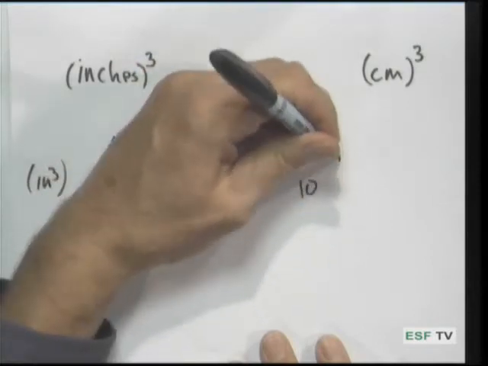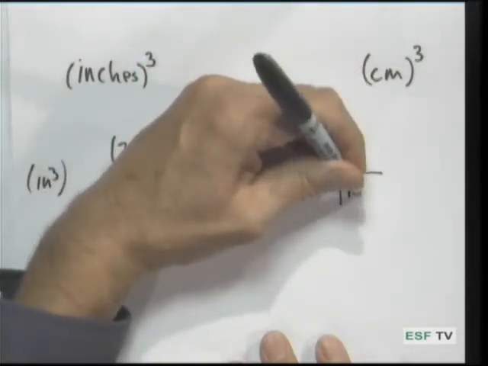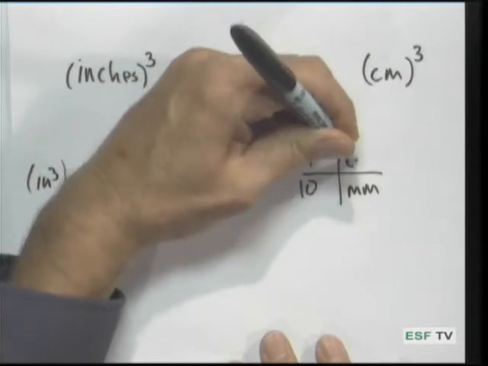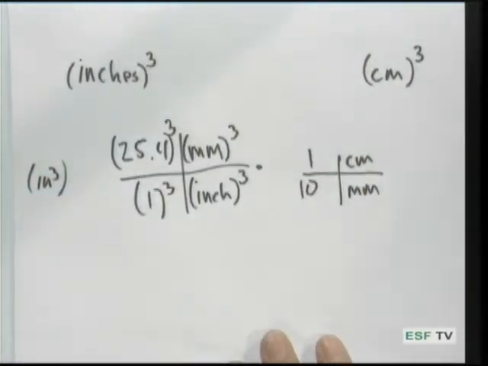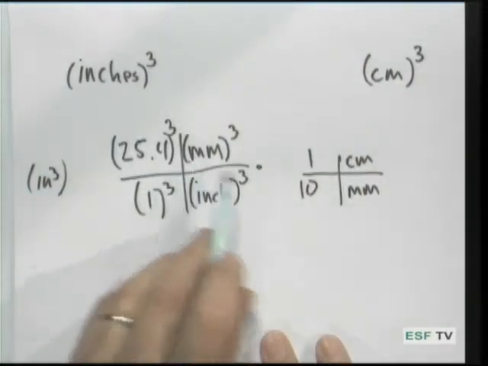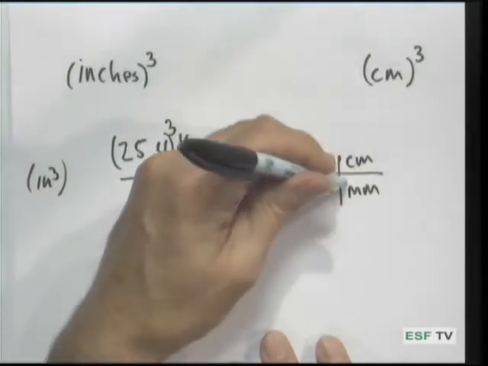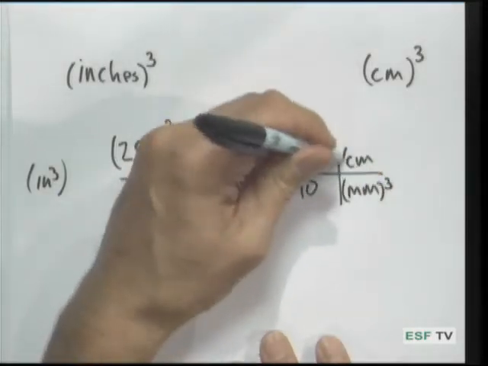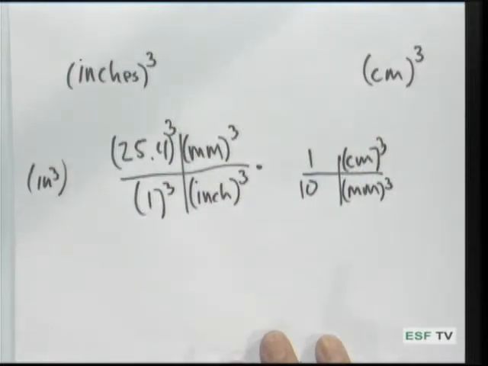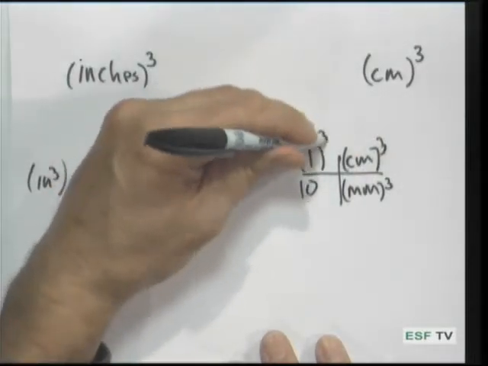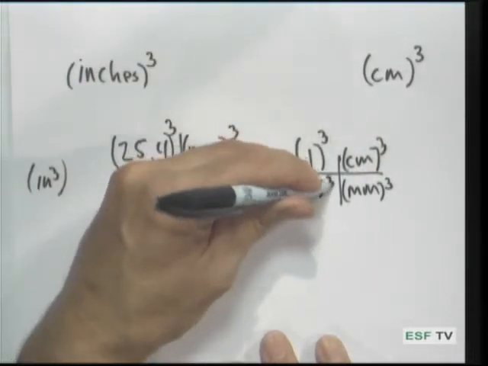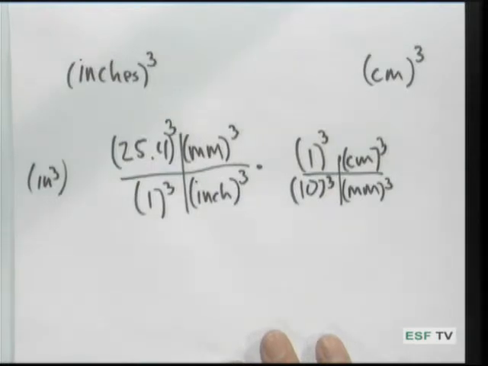So we start off with 10 millimeters per 1 centimeter. But again, here we have millimeters cubed, so we have to cube those to make them consistent. That means we have to cube centimeters as well. We cube both of the numbers as well, and therefore we're going to have the quantity 1 cubed over 10 cubed.